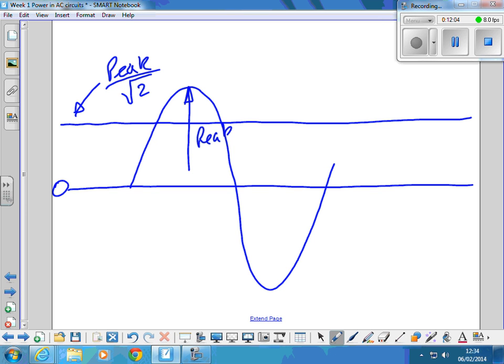Now, a useful practical point to this is that cheaper digital meters measure average voltage and current and convert it to RMS, but that conversion process is only good for a pure sine wave. So if you're using it on any other shaped waveforms, you won't be getting a true RMS reading.